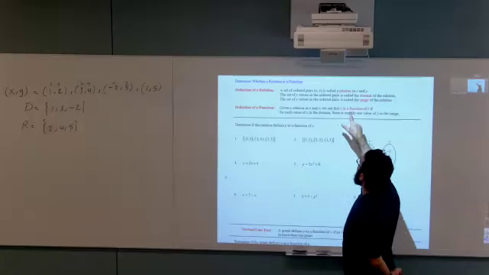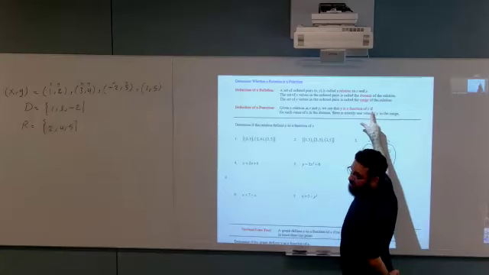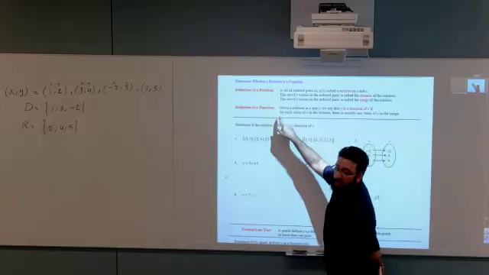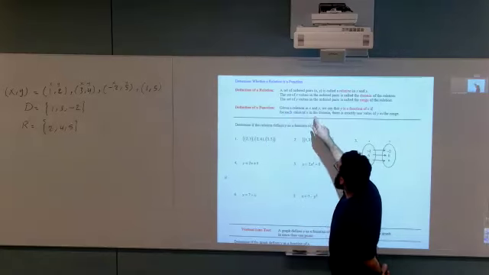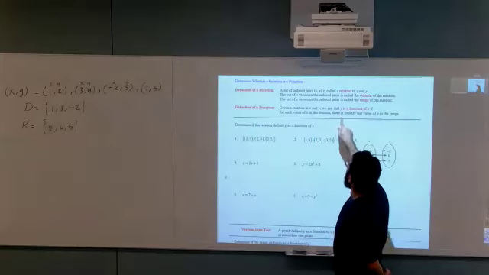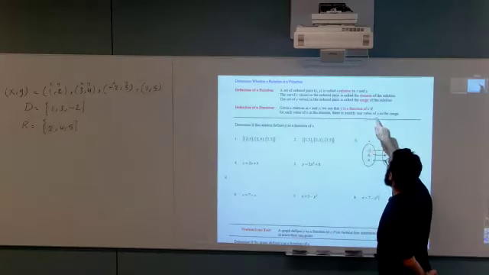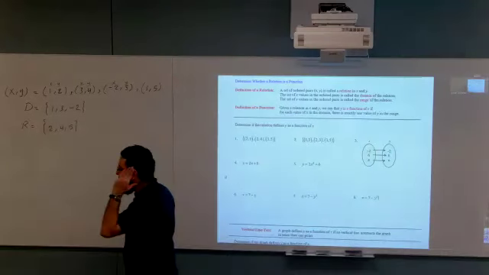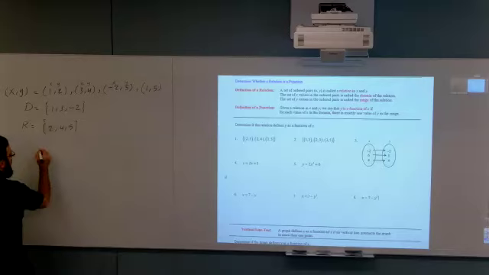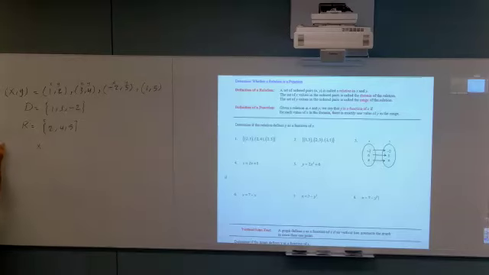We say that y is a function of x if each value of x in the domain has exactly one value of y in the range. So each x, there is only one y.